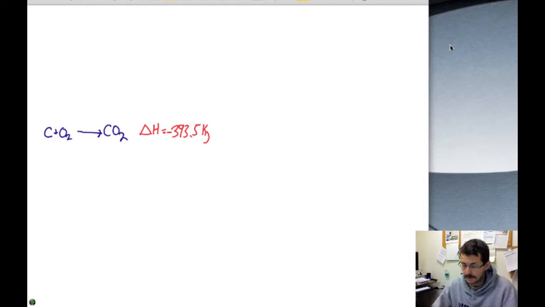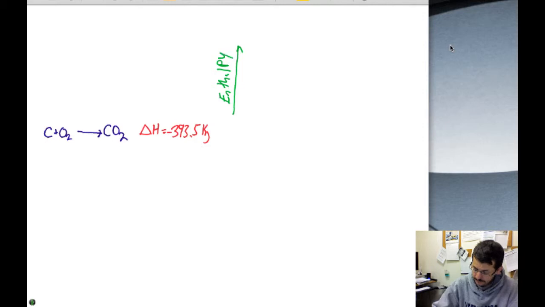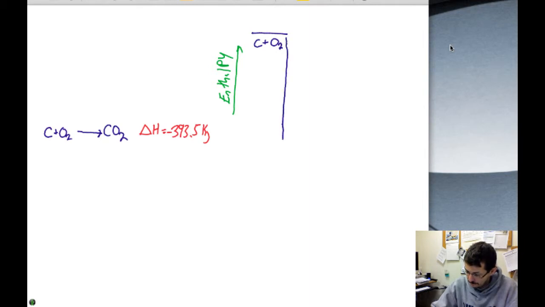So if we think of this as a sort of reaction coordinate where we graph the total energy, enthalpy, carbon plus oxygen have a certain enthalpy, and then it drops down to just the CO2 and releases a bunch of heat.